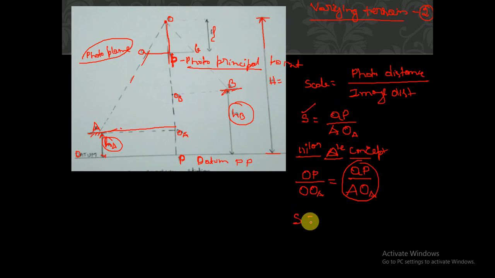I'll take it here: O p divided by O A, where O A is this one and O is here.